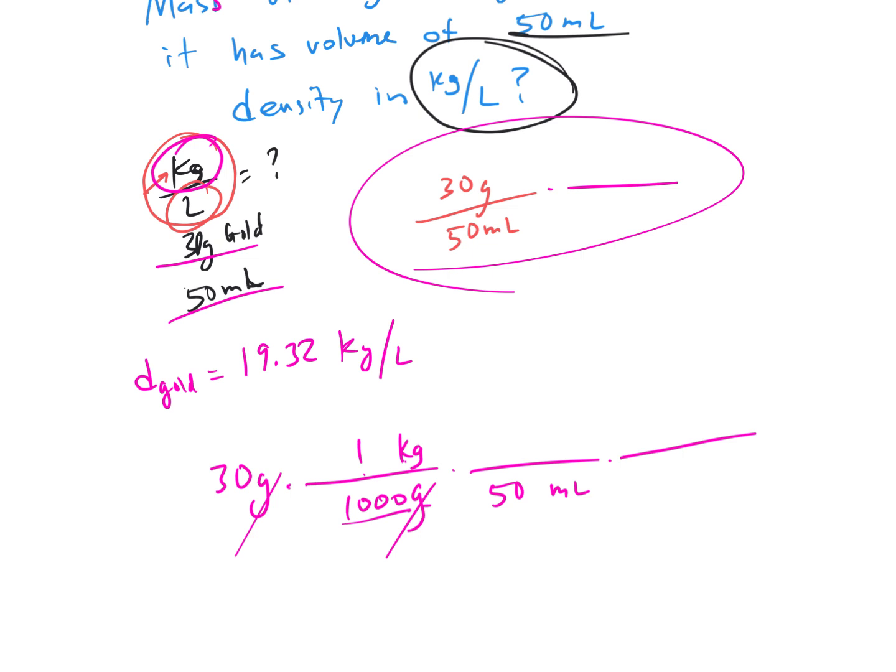Oh, but what goes on top? That's my given information. I'm using that, right? And then milliliters goes up here. Liters goes down there. I know I have 1,000 milliliters. In fact, maybe we don't know that one. 1 milliliter is the same as 10 to the negative 3 liters? What way do you guys want to do it?